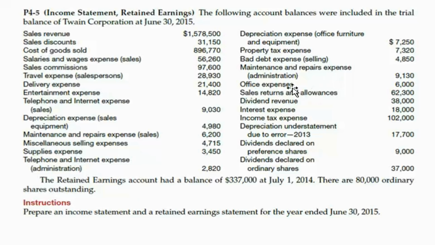Office expenses, from its name, are expenses for the office, for administration, so they will be administrative expenses. Sales return and allowances are of course not expenses. Dividend revenues, interest expenses, income: all the rest I will certainly not consider as operating expenses.